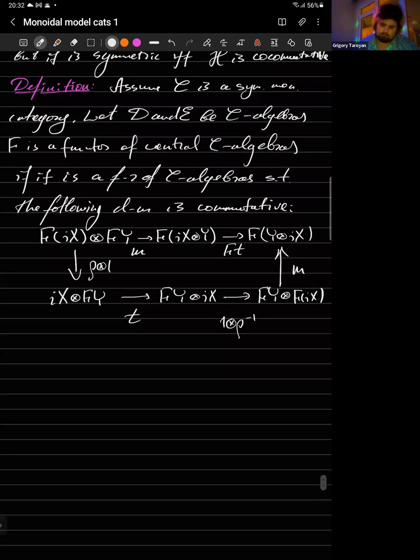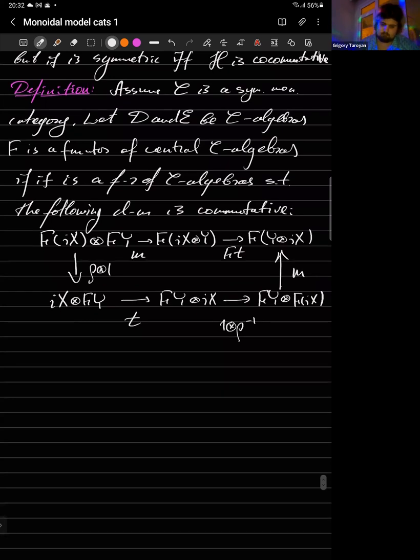And yeah, so we can look at it and think a bit. But basically, the idea is simple. We just require that this transformation T commutes with the functor F. So that's basically it, although the diagram looks quite scary.